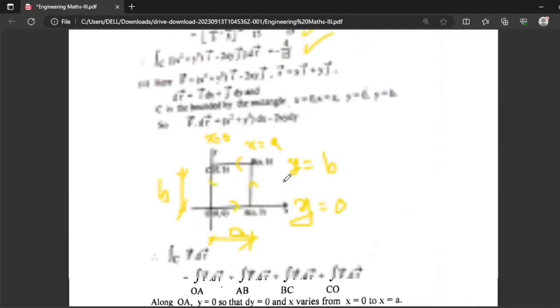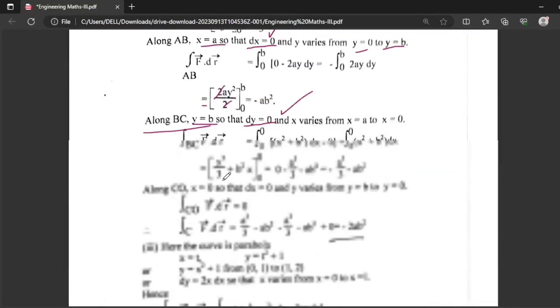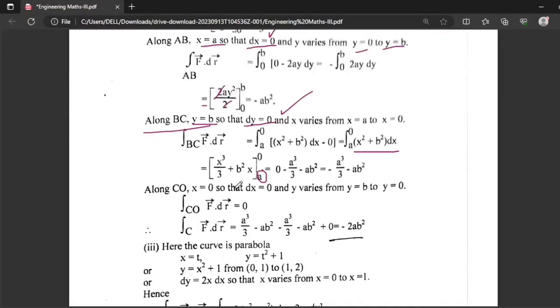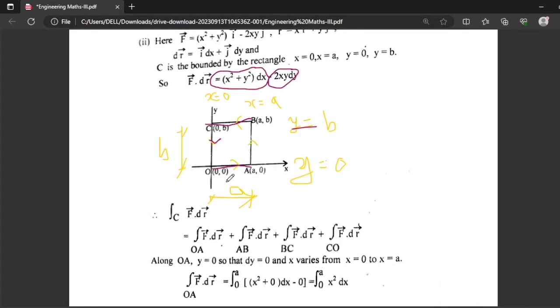Along CO, from C to O, by this arrow, not from O to C, from C to O, this is the y-axis. The equation of the y-axis is x equals 0. Since x is 0, differentiating we get dx equals 0, and y varies from b to 0.